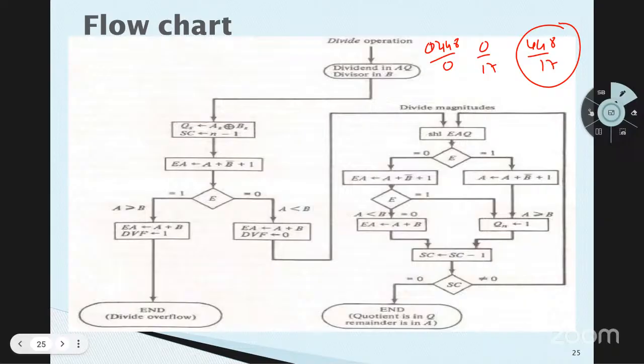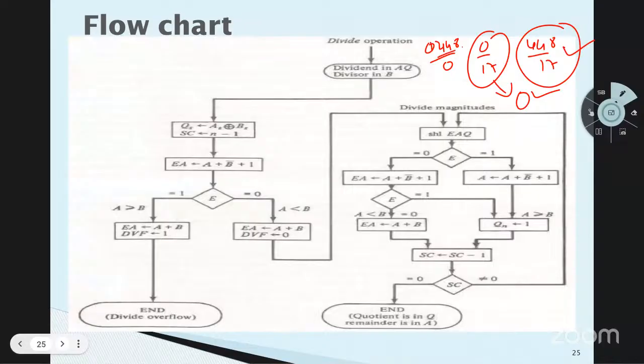Three cases. 448 by 17, the division is possible. And 0 by 17, without doing it, the result is 0. Is it correct? 0 by something? 0. So no need to perform the division operation. If any one operand, the divisor, is 0, then you can simply write the 0.